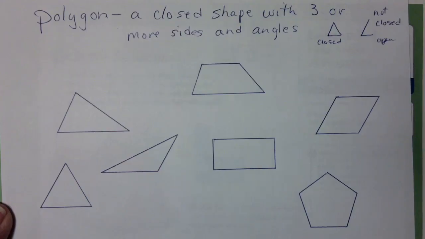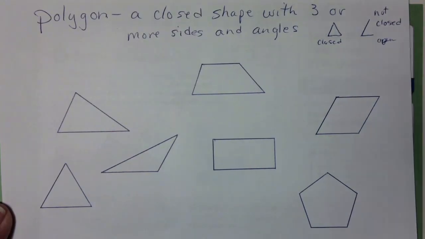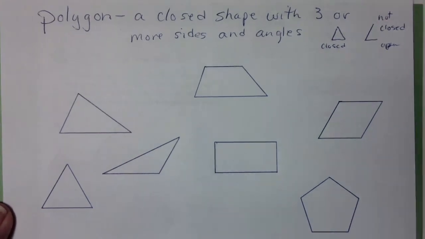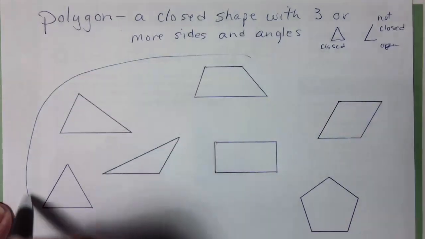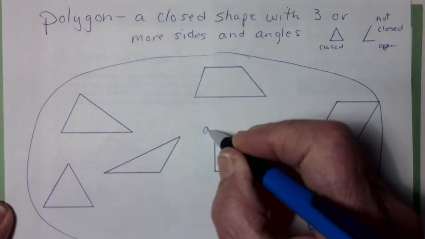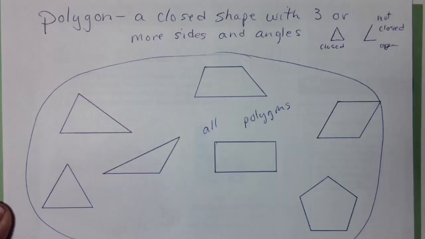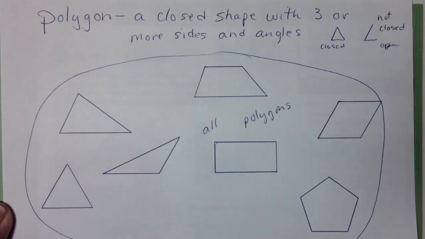Okay? Now, I put a couple of examples of not polygons. But before we leave this, I want to circle all of these. These are all polygons. They're not the only ones because there's a lot more, but these are all polygons.